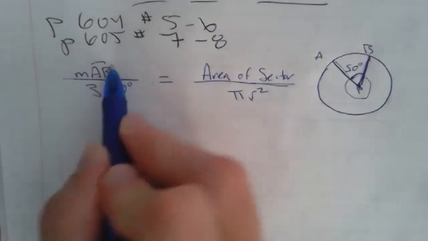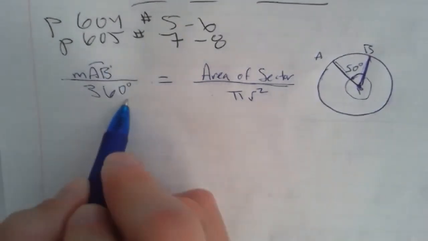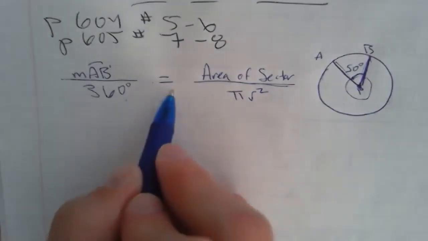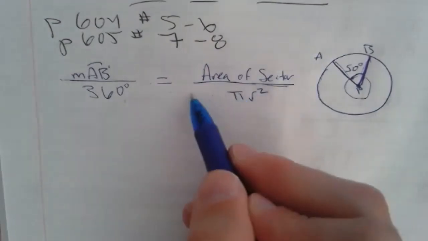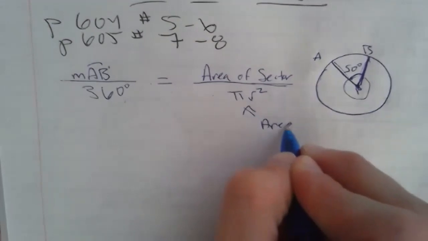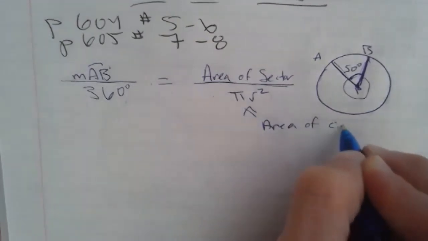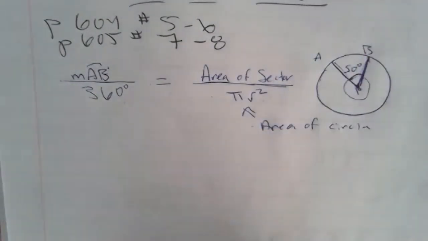So the part of the angles to the whole kit and caboodle, 360, all the angles, is going to be equal to the area of the sector divided by the whole circle, the area of the circle. That's where we're getting pi r squared from. Remember, part over whole degrees, now it's part over whole area, okay?